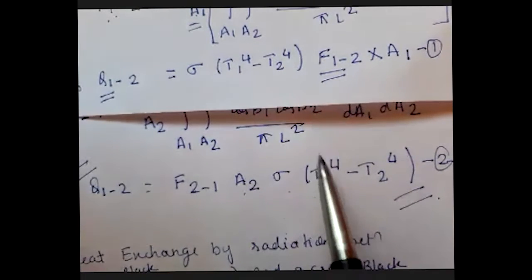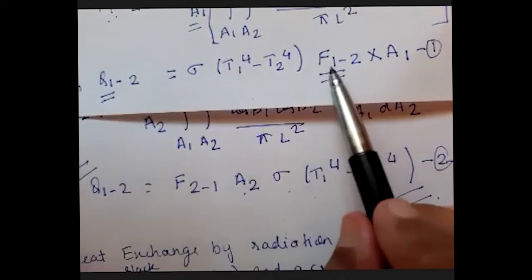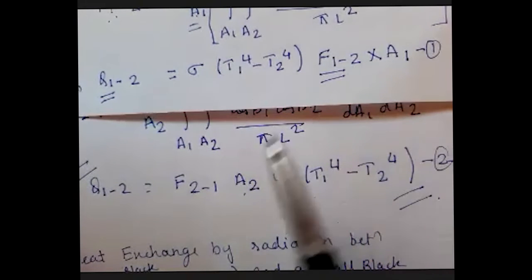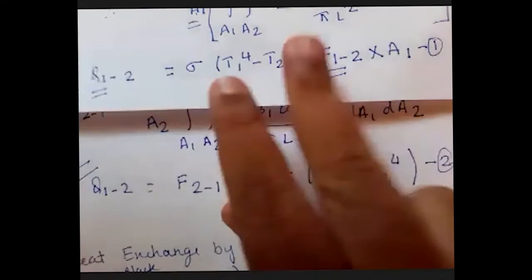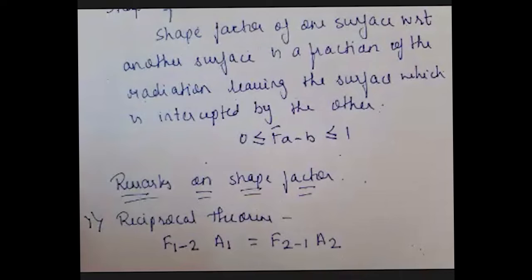It will be cancelled out. I'm left with F12 into A1, which is equal to F21 into A2. So that is what we call a reciprocal theorem. I should know this reciprocal theorem of F12 into A1 and F21 into A2.